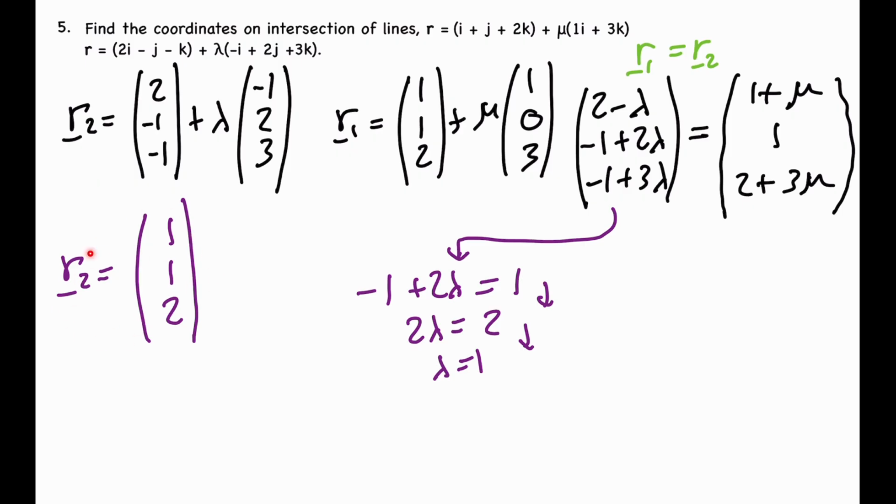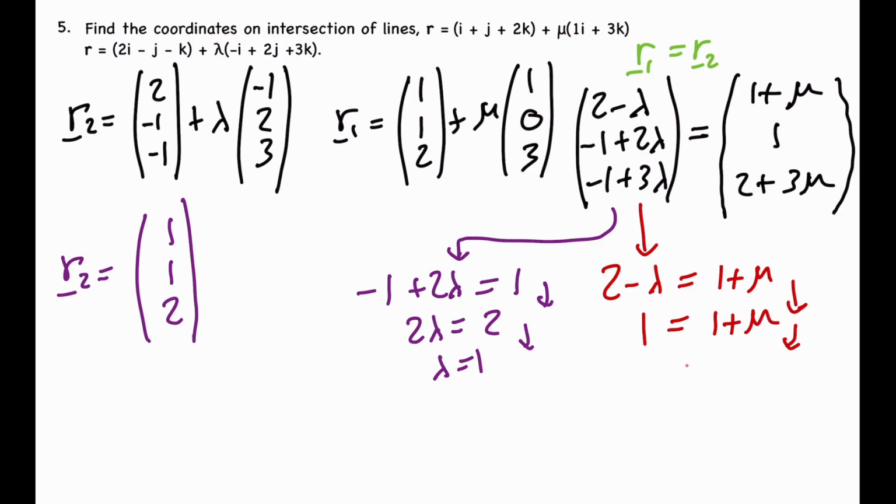But now we're going to double check this by finding out what mu is and then substituting into the r1 equation. To find mu, we do the same thing from here, and we can use either the top equation or the bottom one, it doesn't really matter. So I'll use the top: 2 minus lambda is equal to 1 plus mu. We know that lambda is equal to 1, so this simplifies as 1 is equal to 1 plus mu.